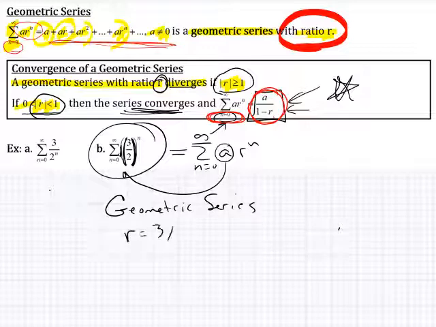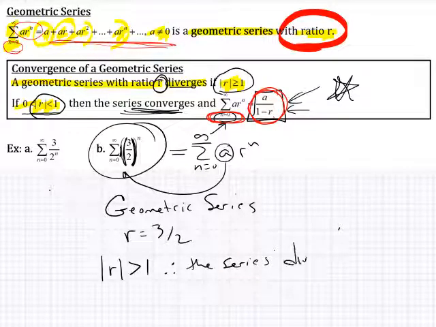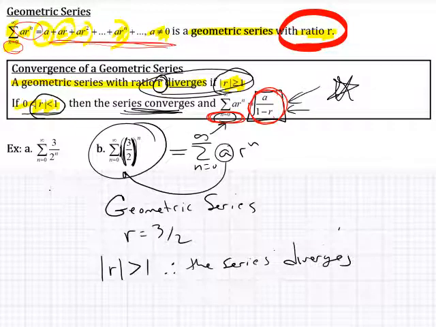R is 3 halves, because it's r to the n, 3 halves to the n. The absolute value of r is greater than 1. Therefore, the series diverges. Why? Because that's what this theorem told us. If the absolute value of r is greater than or equal to 1, the series will diverge.